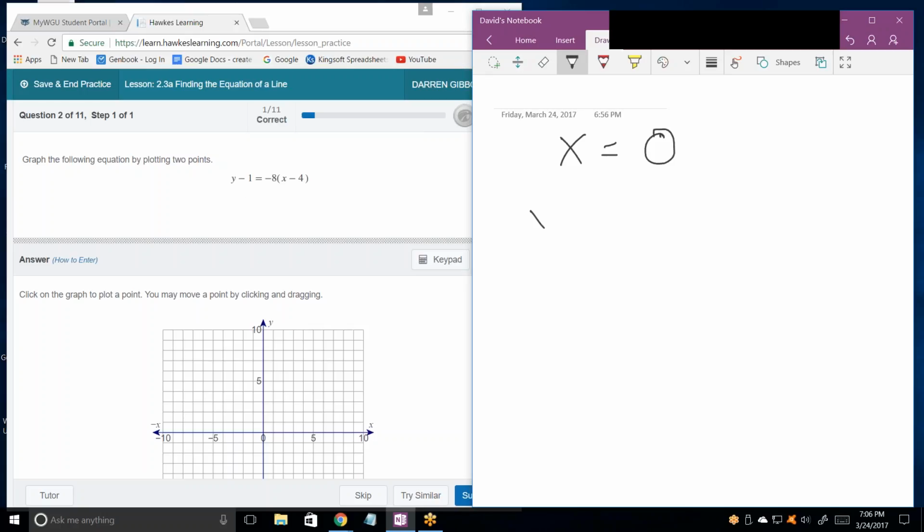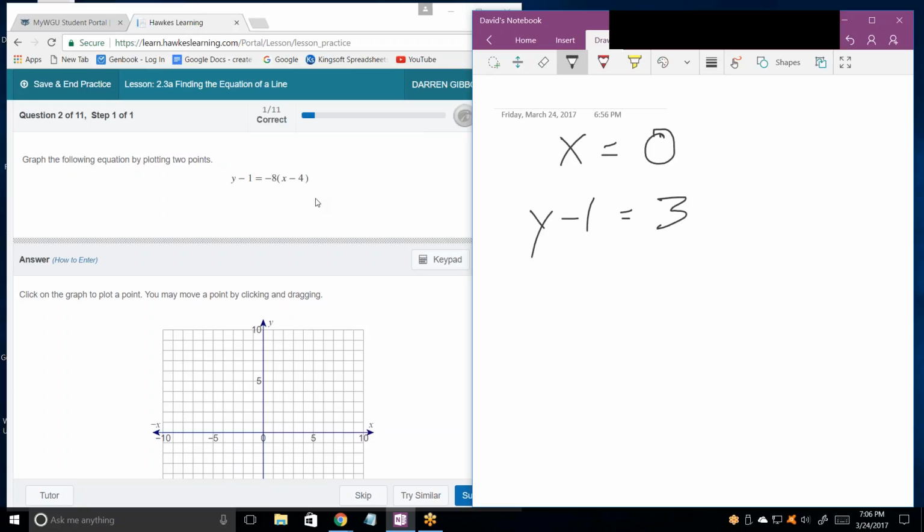And so now what do we have? y minus 1 equals what? In other words, substitute 0 for x. First of all, multiply minus 8 times minus 4. So it would be 32, minus 32.